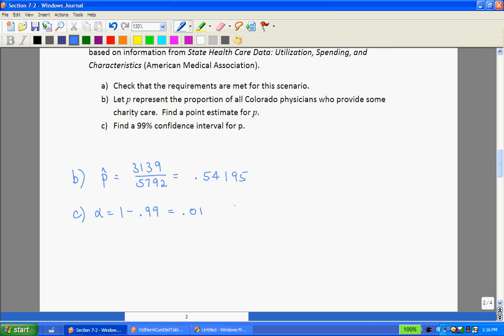So to get just a single tail, I'm going to find alpha over 2, take my 0.01 and divide by 2, and that gives me 0.005. Now I'm ready to find that value Z sub 0.005 on the table.